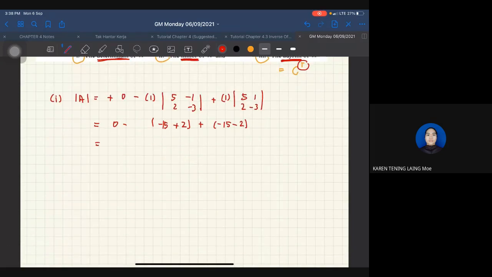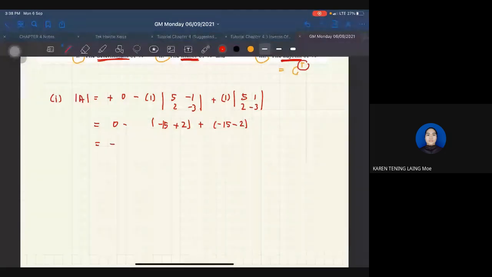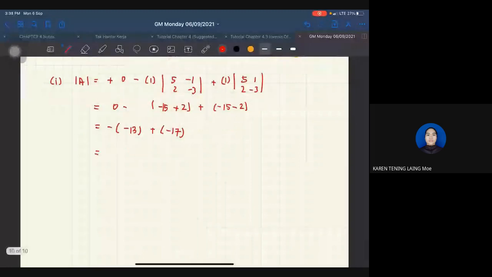So you are going to have negative of negative 30 plus negative 17. Okay, so determinant awak untuk this one is 13 minus 17, which is equal to negative 4.